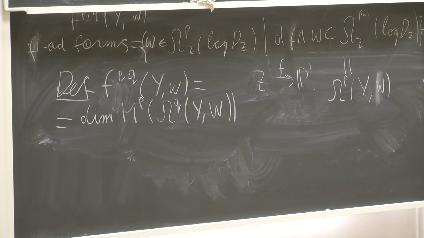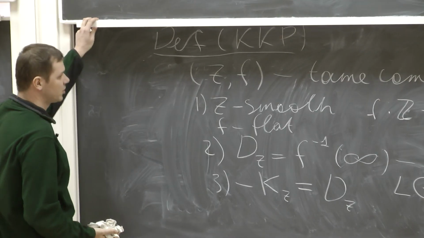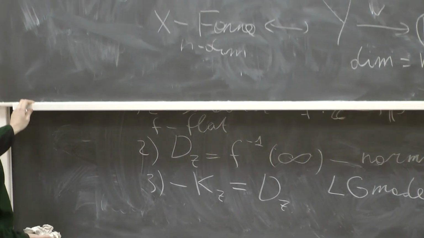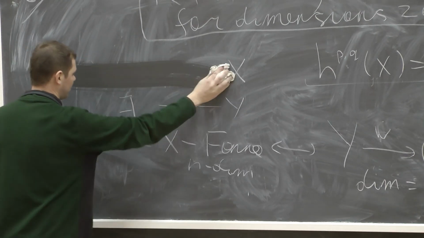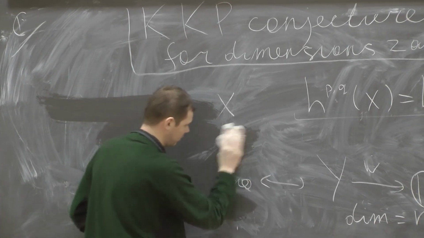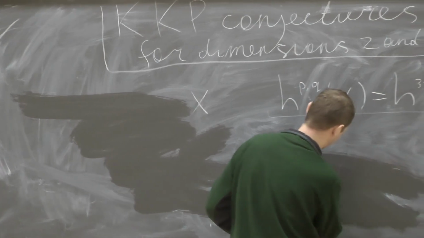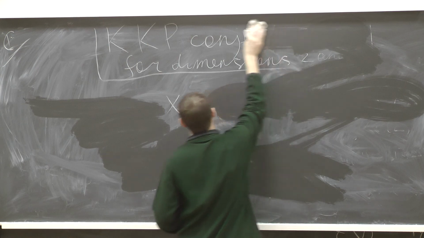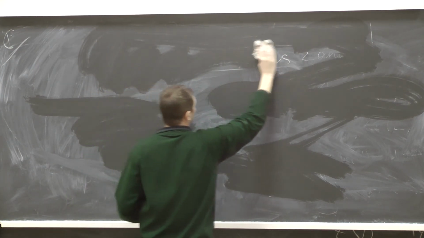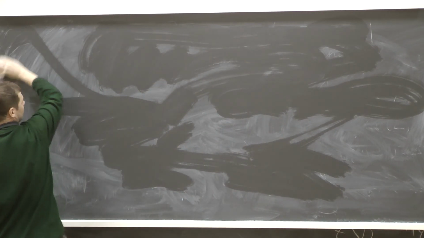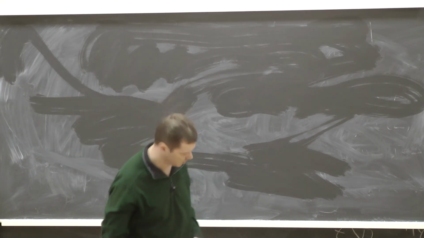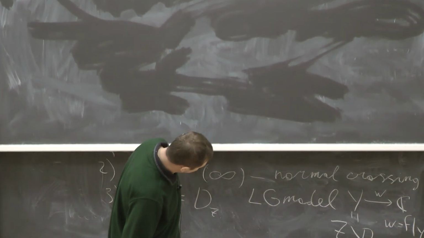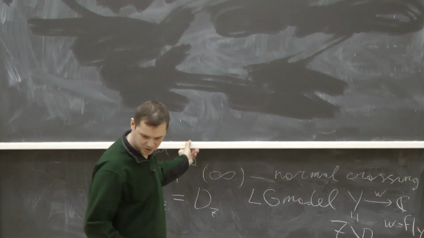Okay, so the conjectures. Katzarkov-Kontsevich-Pantev give two conjectures. One of them states that these two definitions, the two sets of numbers, coincide. And another one is related to mirror symmetry, as was written, I think, on the place which I erased.